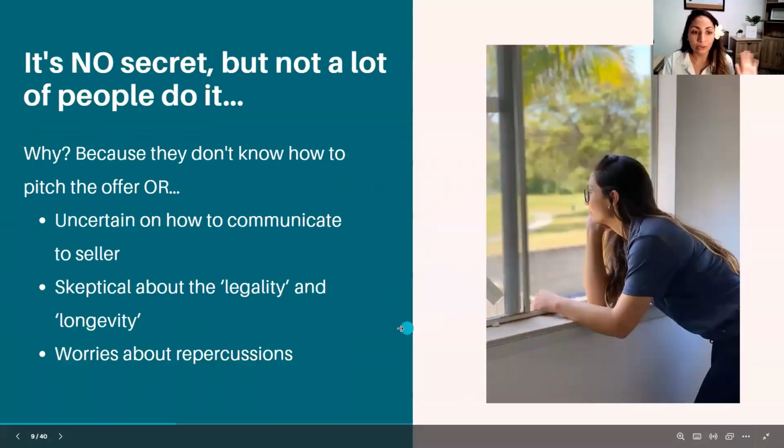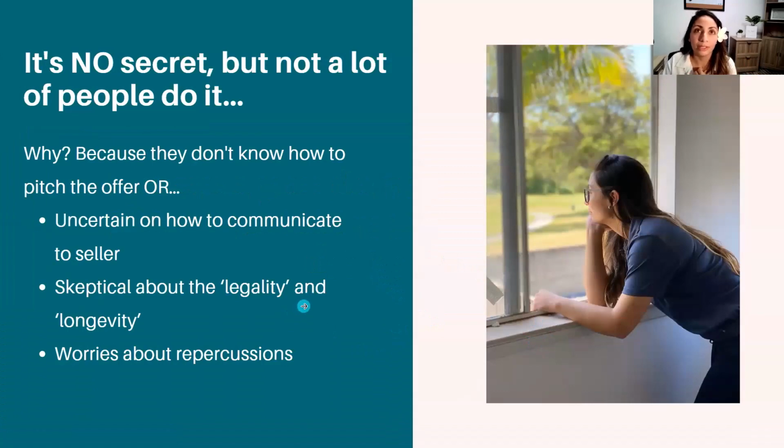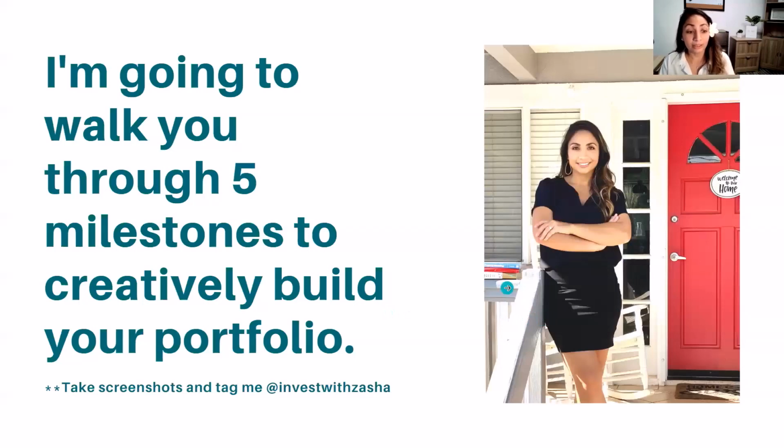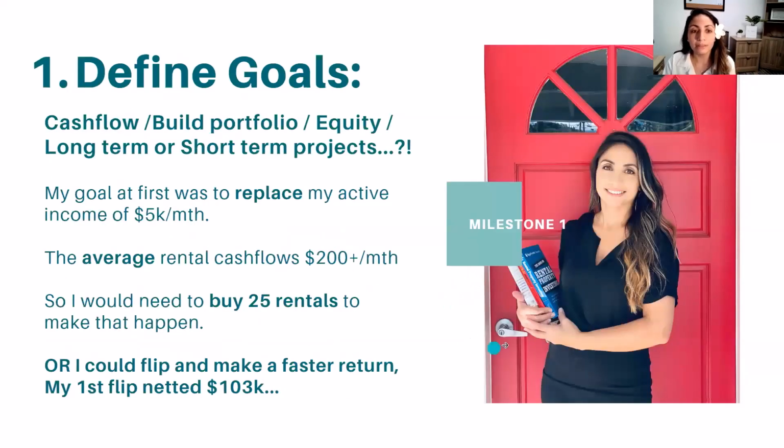So it's no secret, I think when you can go direct to seller, it's a lot easier to offer these different strategies because it's not the norm. And so some milestones that have helped me build a portfolio creatively was really defining my goals.